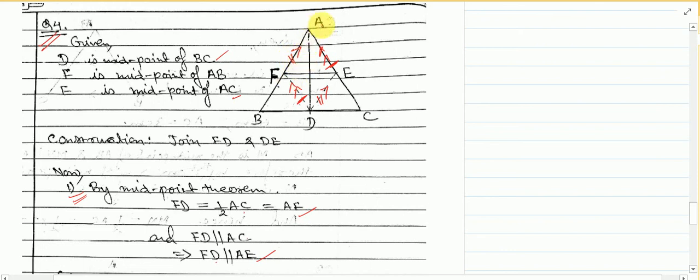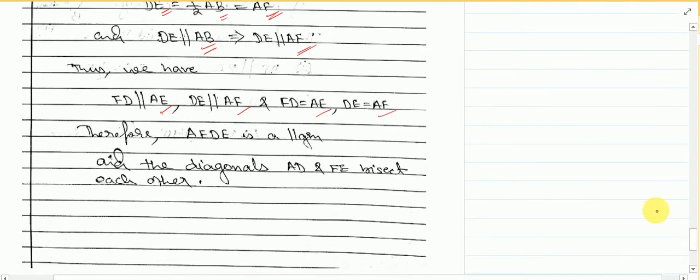So clearly AFDE is a parallelogram. Therefore AFDE is a parallelogram and the diagonals AD and FE bisect each other. Why? Because diagonals of a parallelogram bisect each other.